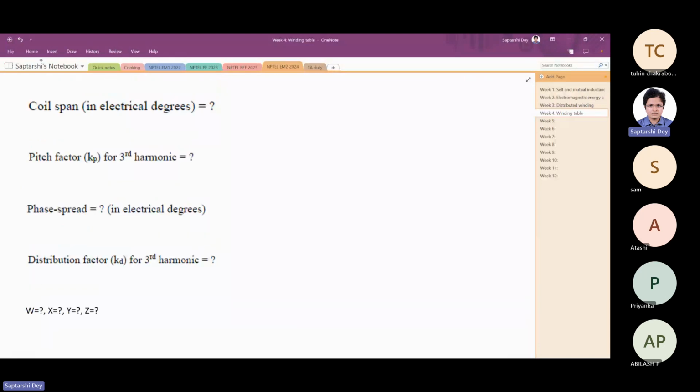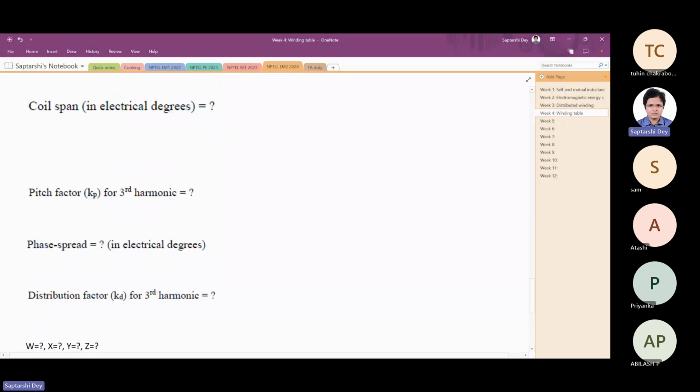Now we have everything, we have to simply calculate. First question is coil span. So we saw coils were like this, slot N to N plus 5. So coil span in electrical degrees. The total machine is 360 degrees, and obviously it is mechanical. Divided by 36, this is the slot pitch in mechanical degrees.